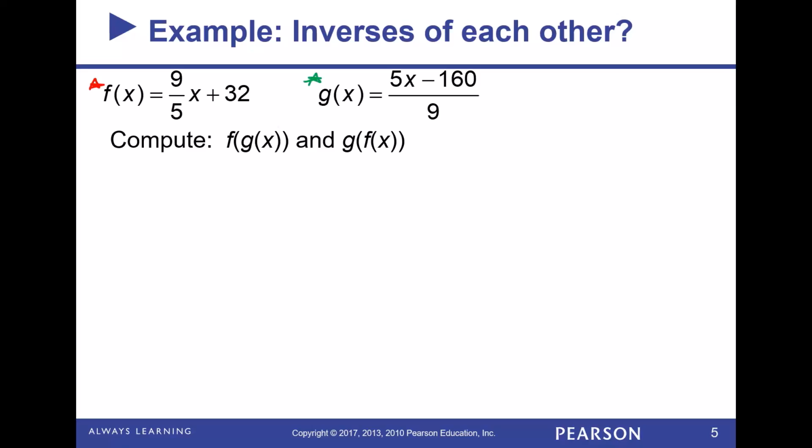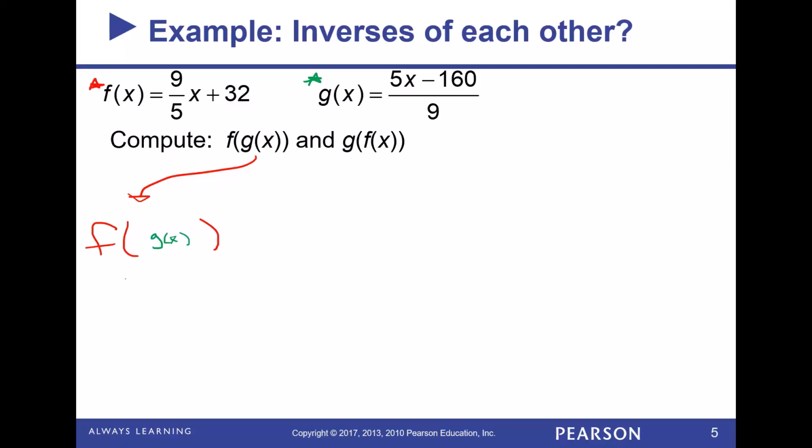We're going to take the f function and plug in the g function. You can write it like this if it makes it easier to read, so it looks like the g function is inside the f function. I know that makes it easier for some students to see visually.